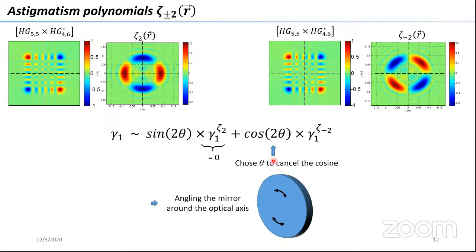So it can be chosen so as to cancel this factor and at the end cancel the whole coupling, at least the main contribution to the coupling between HG55 and the adjacent. So a priori, angling the mirror around the optical axis can cancel the coupling and then the pseudo-degeneracy.